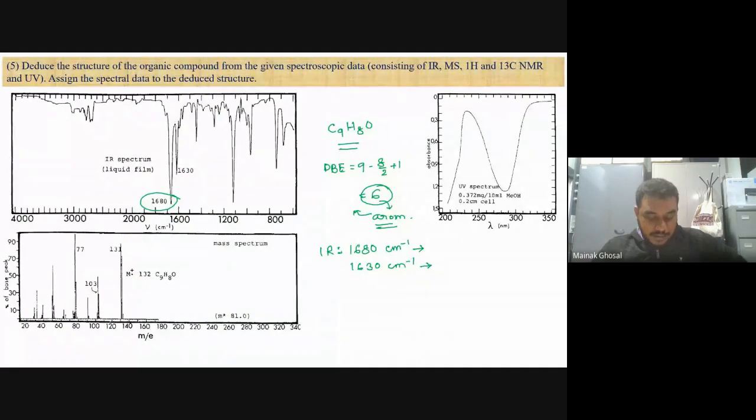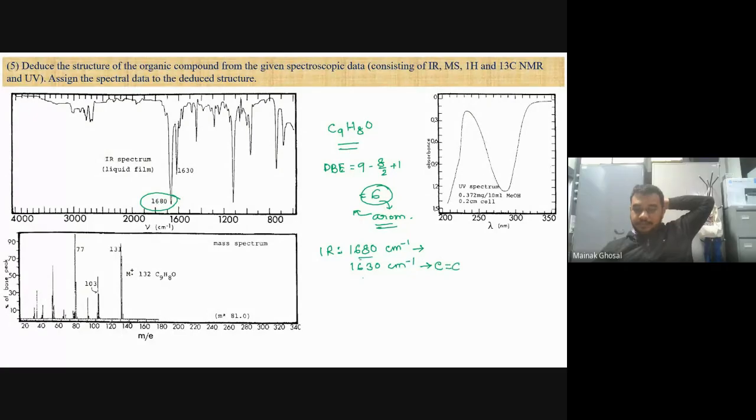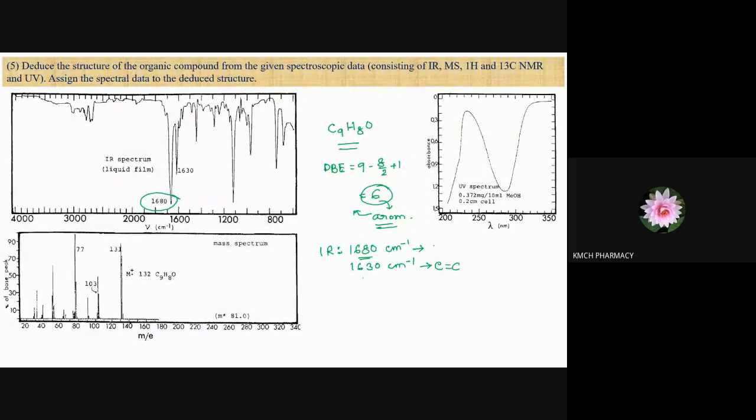So what are the possible groups which could be present here? An alkene. Which one is the alkene? 1630, an aliphatic alkene, C double bond C. And this one? Carbonyl absorption.